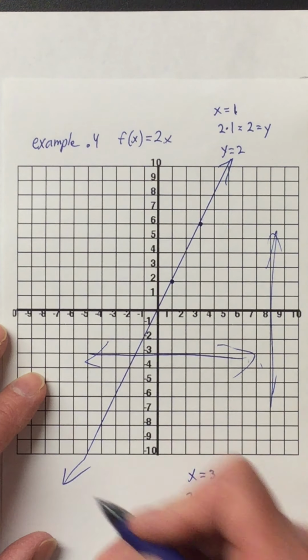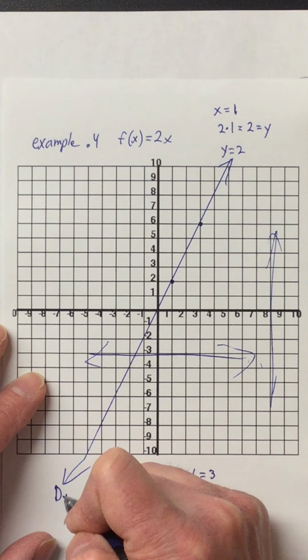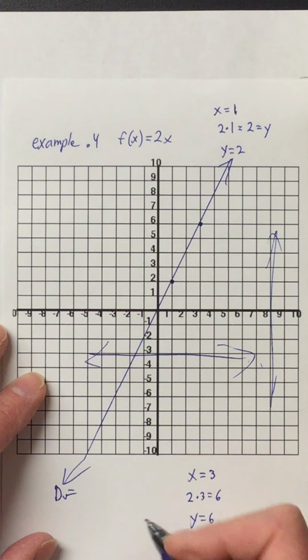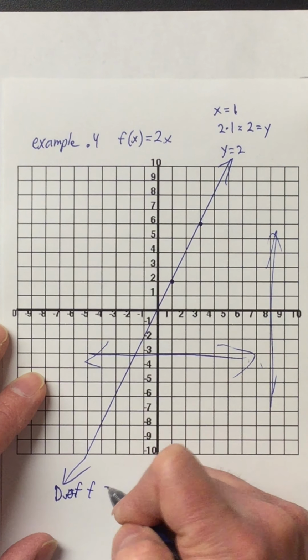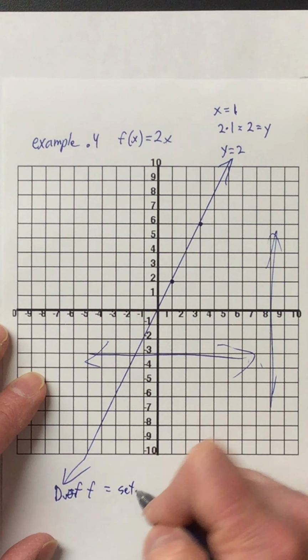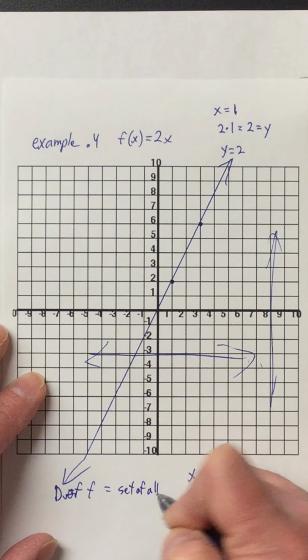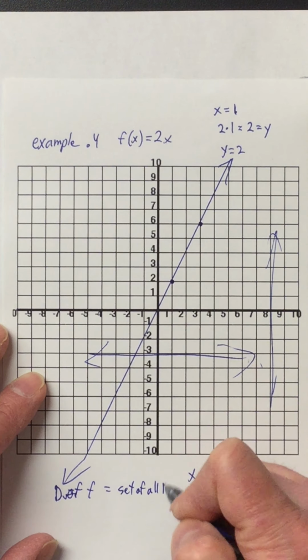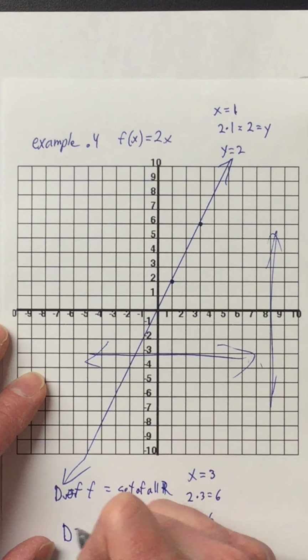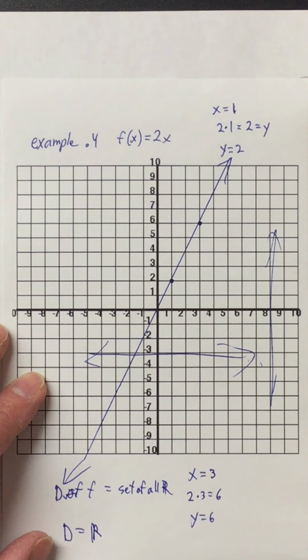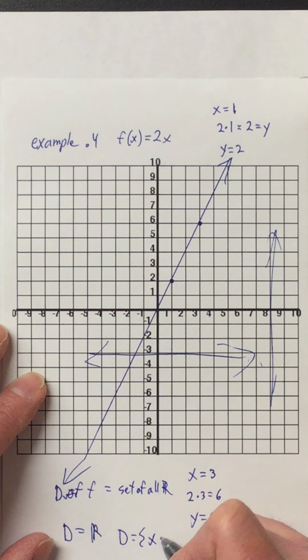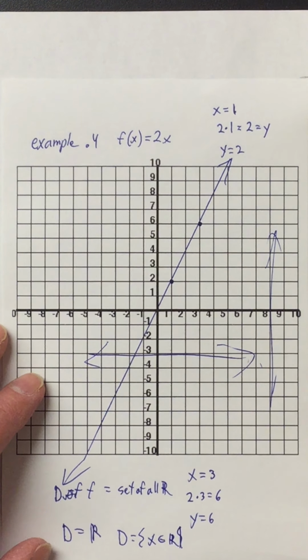Well, we simply write that, we'll abbreviate it. The domain of f is equal to the set of all real numbers. Or the domain is equal to all reals. Or I guess we could write that as, if we put it in little brackets there, x is an element of all reals, and there we go.